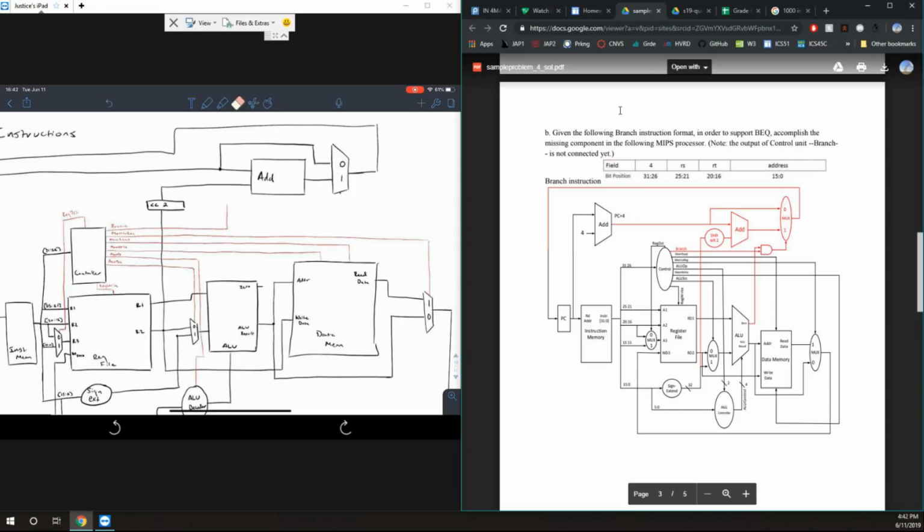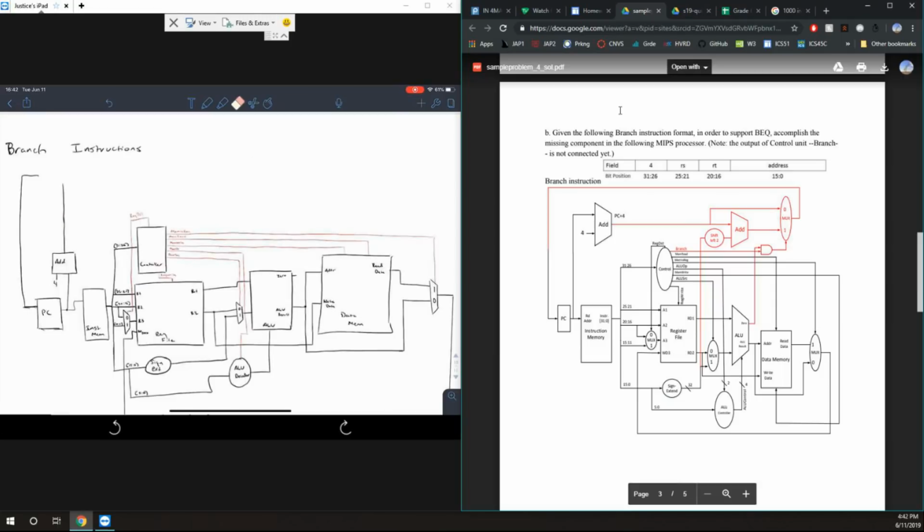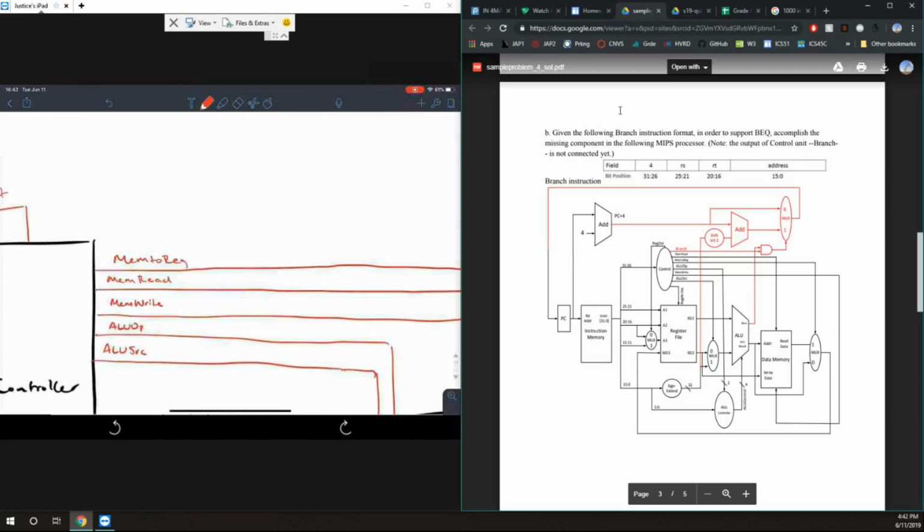Cool. So let's add our jump signal just because I want it there. Okay, there's our jump. So from here, you grab your bits, and you know that these are bits 25 through 0.